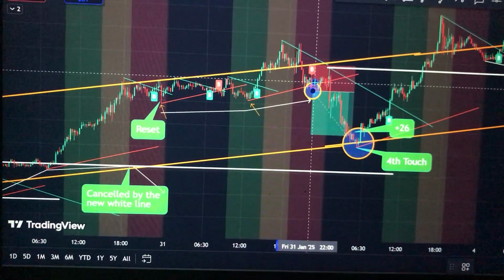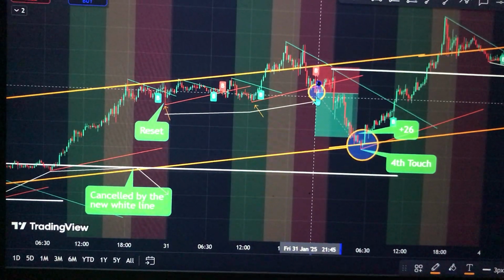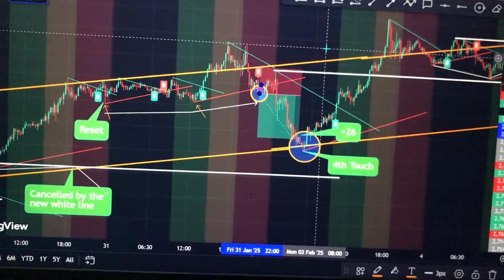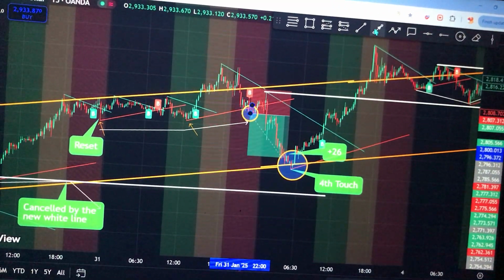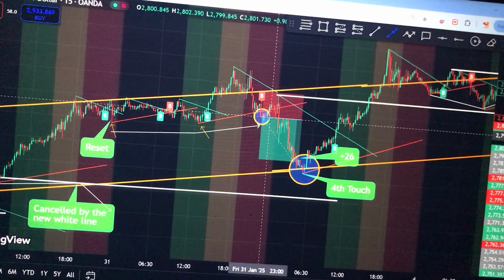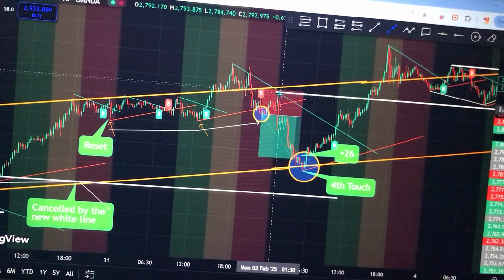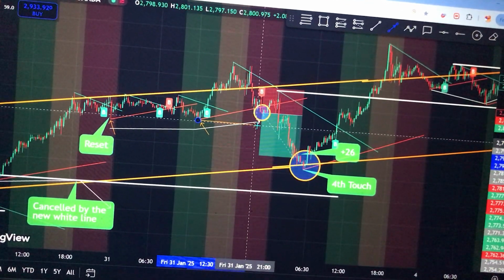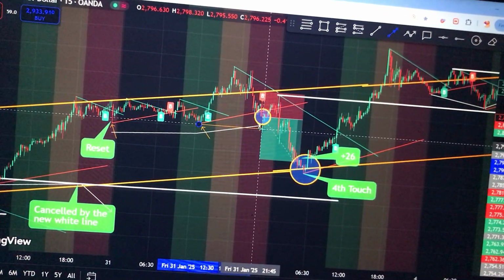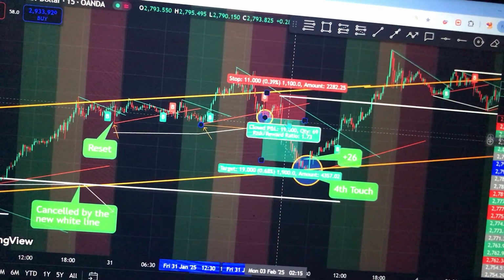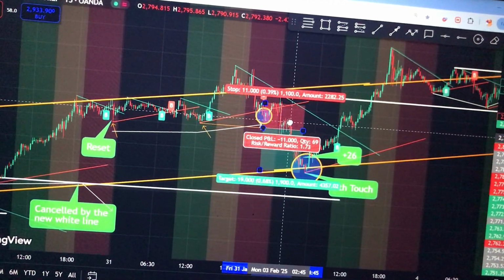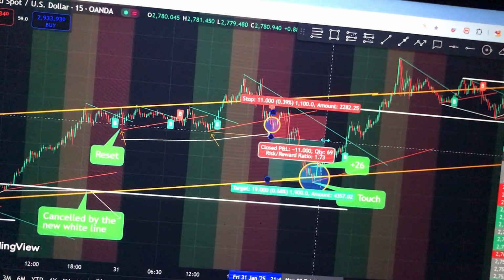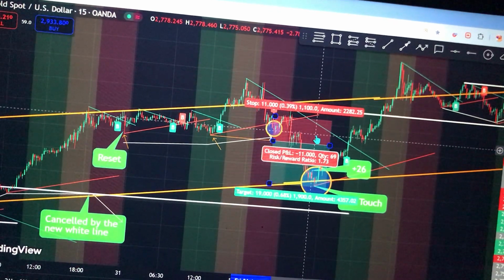When you get this B, you see this B, B is for break, then you enter. And then if you don't want to enter early here, because sometimes you get stopped out if you have a tight stop loss, you can just do this. Put your sell limit here, sell stop I mean here, and then aim to the downside, and then eventually you might get triggered.